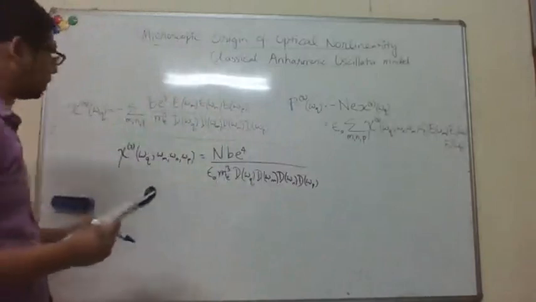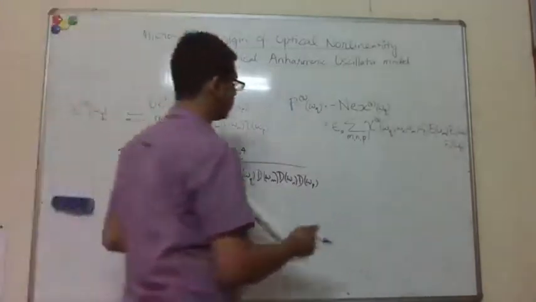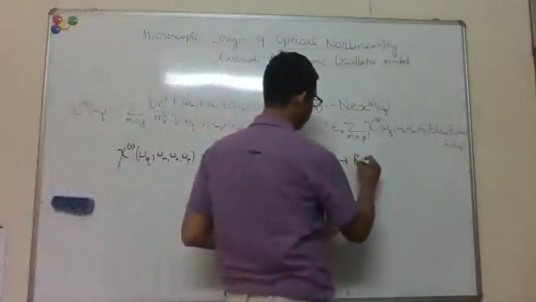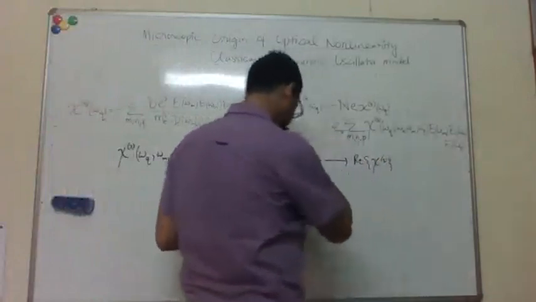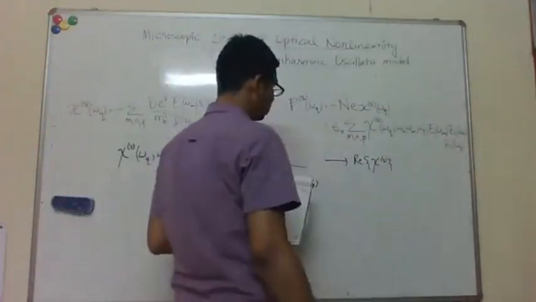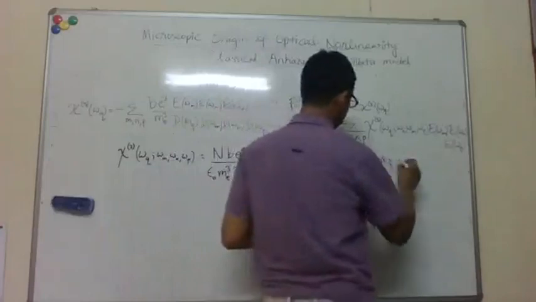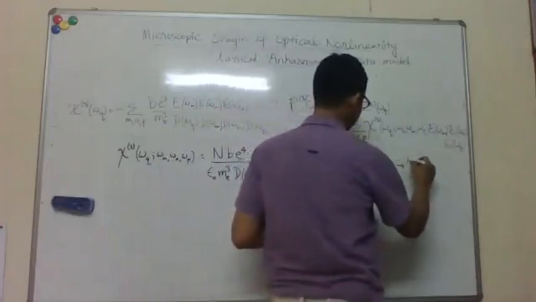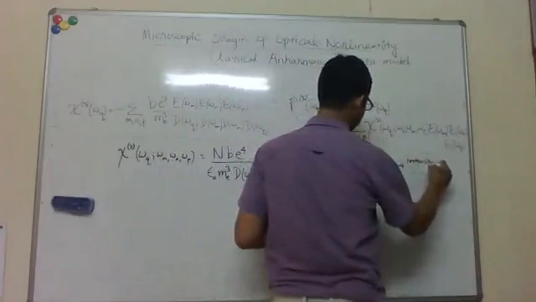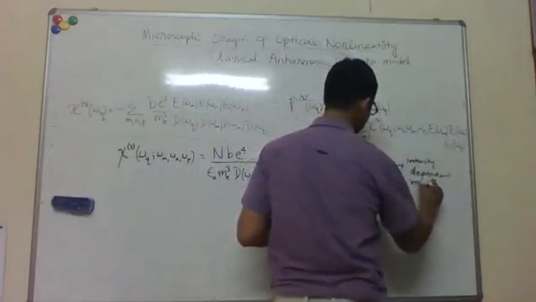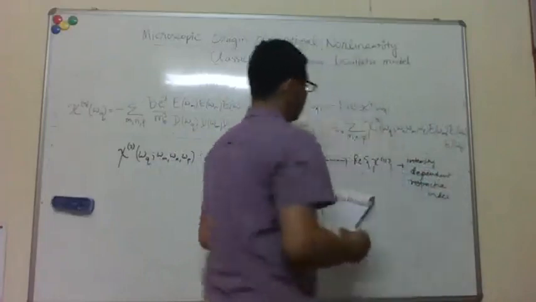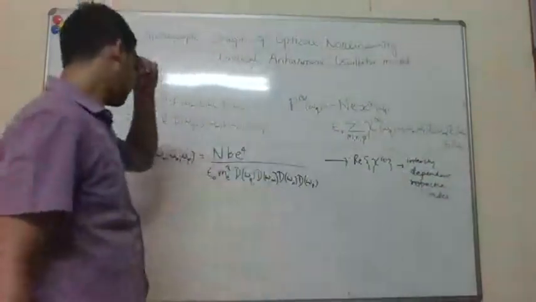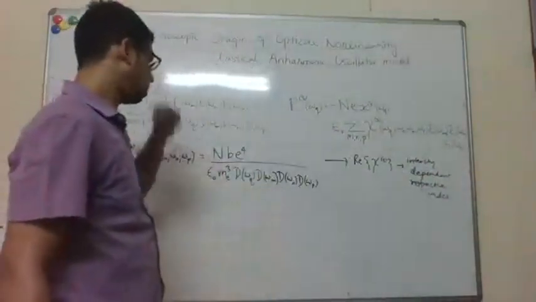And so in the chi3 case, the real part of chi3 gives rise to what is called the intensity dependent refractive index, and other things like third harmonic generation, for example.